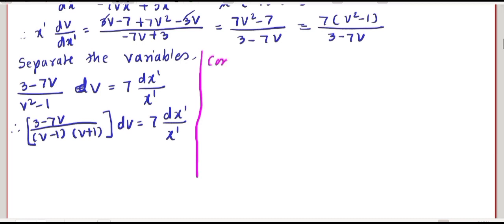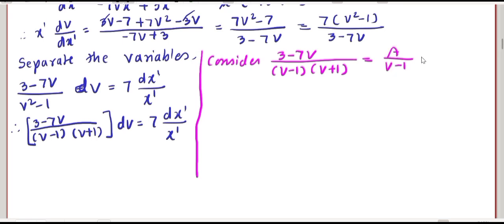Consider (3 minus 7v) divided by (v minus 1) into (v plus 1). We can write it as a divided by (v minus 1) plus b divided by (v plus 1).